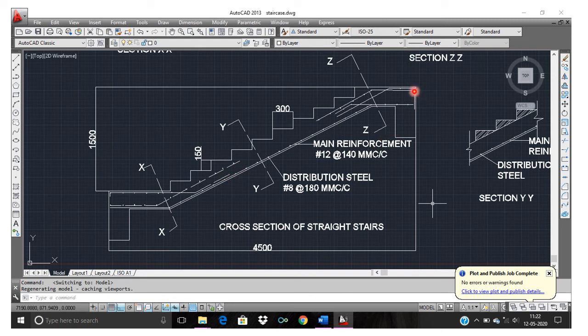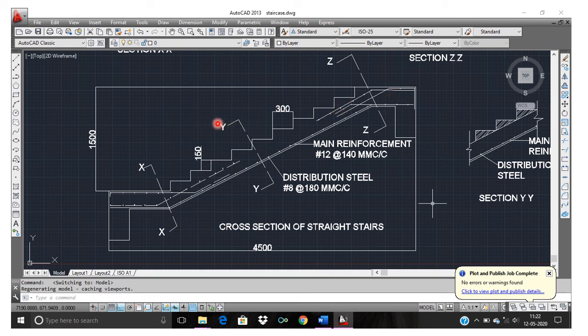Similarly here, this is the main reinforcement and below that you will have the distribution. But from here up to the development length, this will be the continuation of the main reinforcement of the top landing slab, and here the distribution reinforcement will be provided at the top. Here the distribution reinforcement will be provided at the bottom. This is how we have to consider.